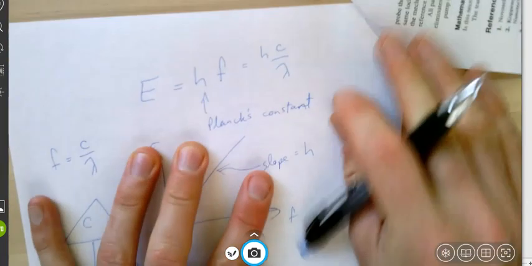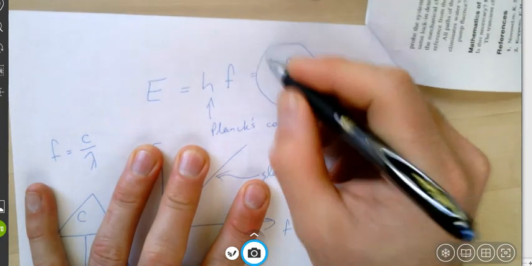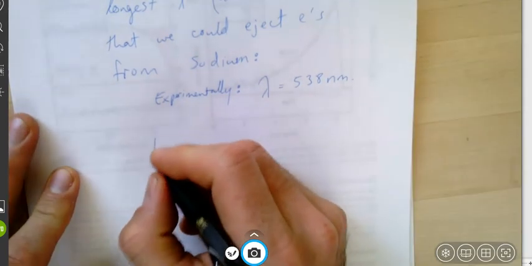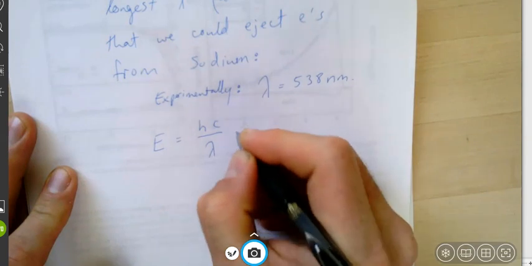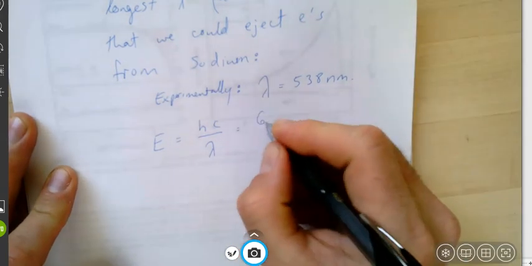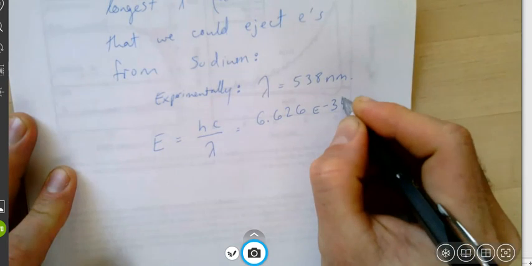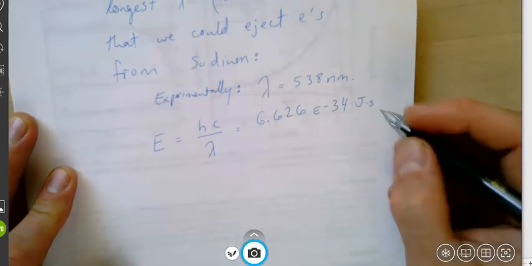Now, if you look back to our energy relationship here, right, we see that energy is equal to hc over lambda. Okay, so let's go ahead and use that expression here. Energy is equal to hc over lambda. Well, this Planck's constant is 6.626 times 10 to the minus 34, and the units are going to be joules times seconds.